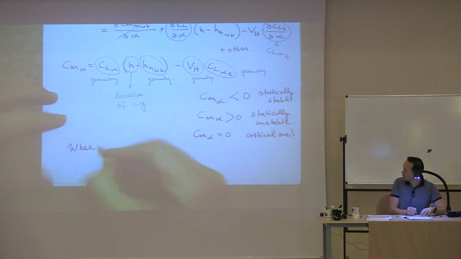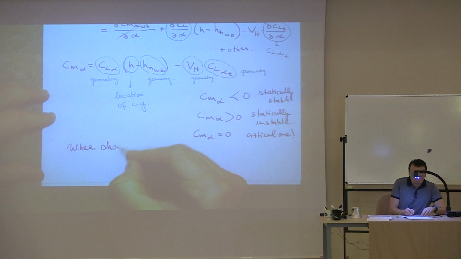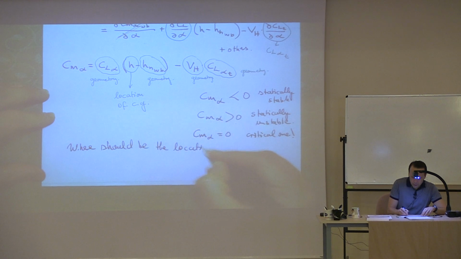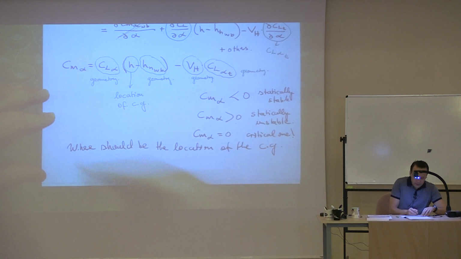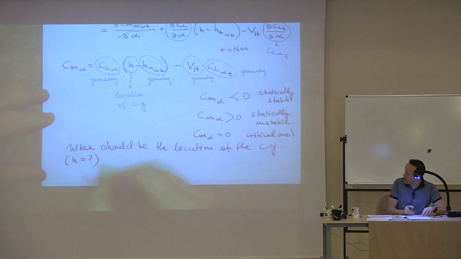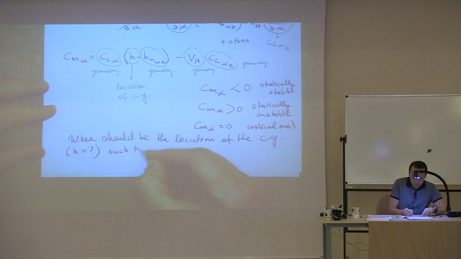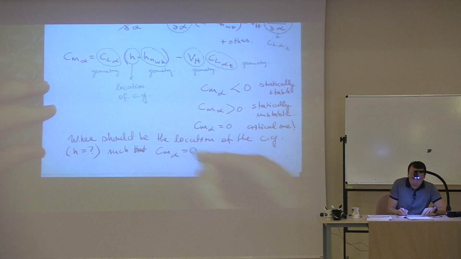Where should be the location of the CG, which is basically h? Where should h be such that Cm alpha is equal to 0?